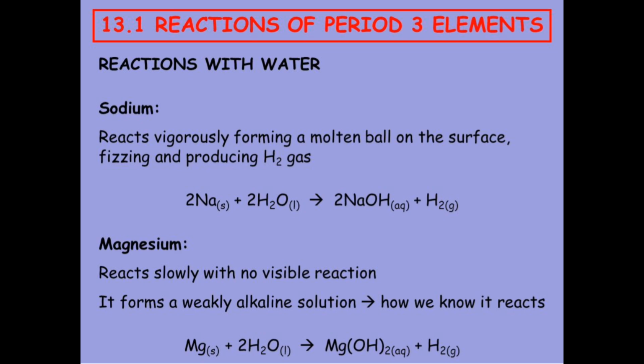Magnesium will react slowly with no visible reaction, and it will produce a weakly alkaline solution. Same with calcium. So generally sodium, magnesium, potassium and calcium react with water to form a base and with the liberation of hydrogen respectively.